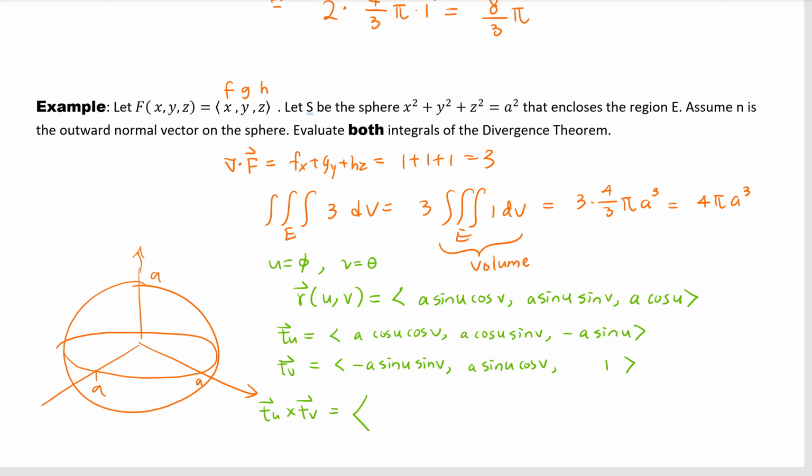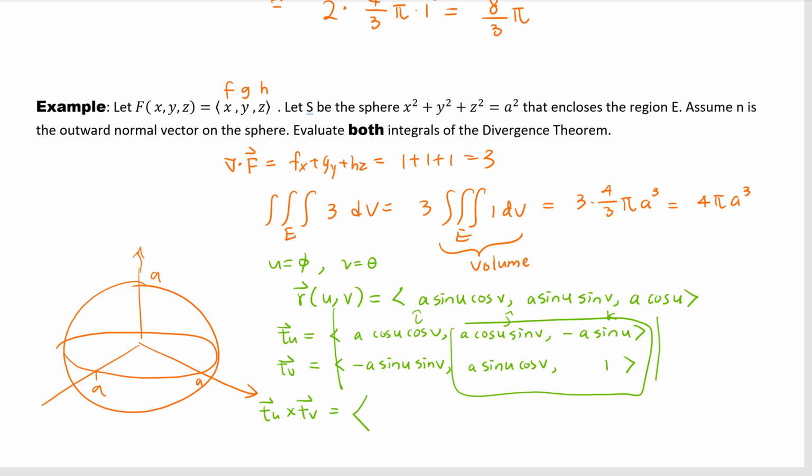To save some space and work, I just put i, j, k here and imagine this is the determinant. So the i component: look at this.